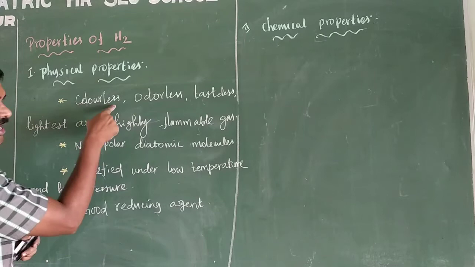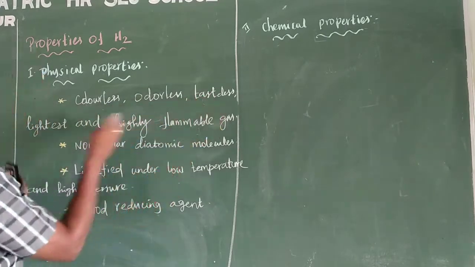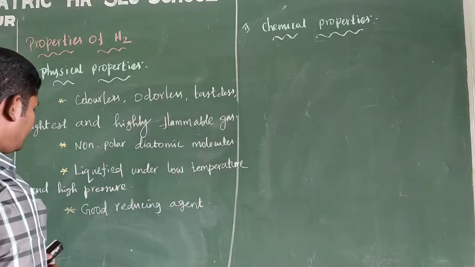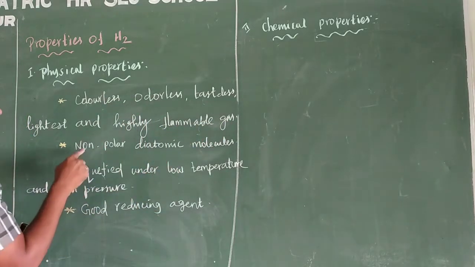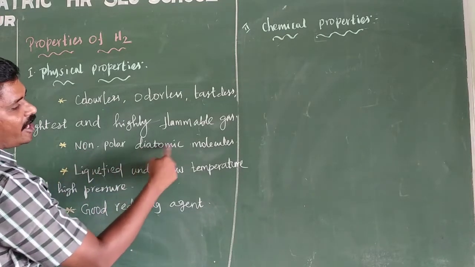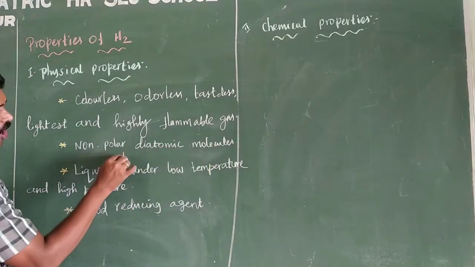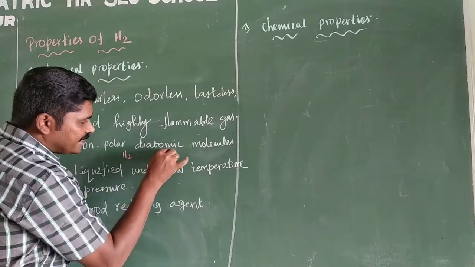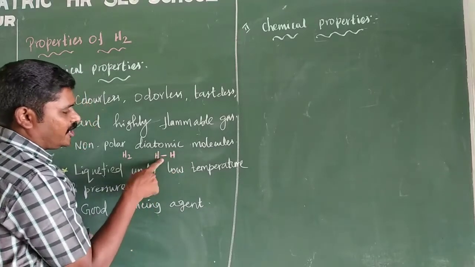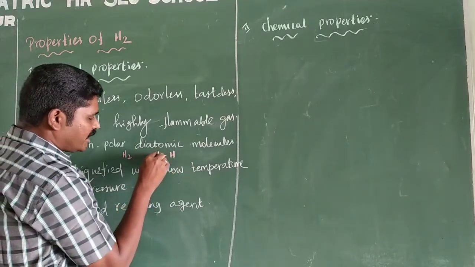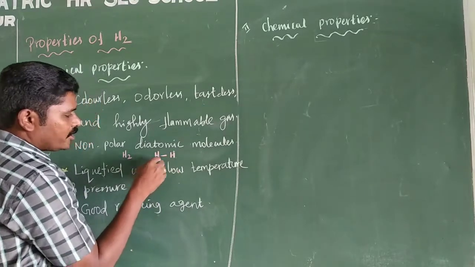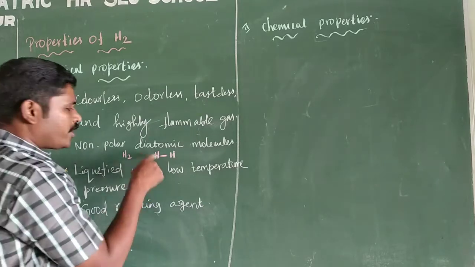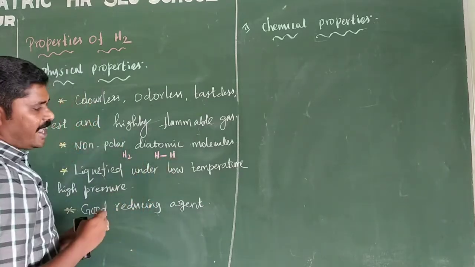Hydrogen is a non-polar diatomic molecule. Okay, so it is covalently bonded between atoms of the same electronegativity. So a non-polar covalent bond occurs between the two hydrogen atoms.